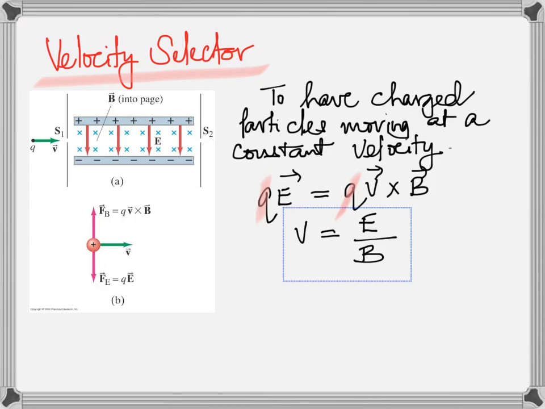And that's why QE, the electric force, is equal to QV cross B, and then the charges get cancelled, and the velocity of the charged particles that pass through is given by the ratio of the electric field to the magnetic field. And this velocity selector is used in many equipment, and primarily in Bainbridge mass spectrograph, which has been used to discover a lot of new isotopes.